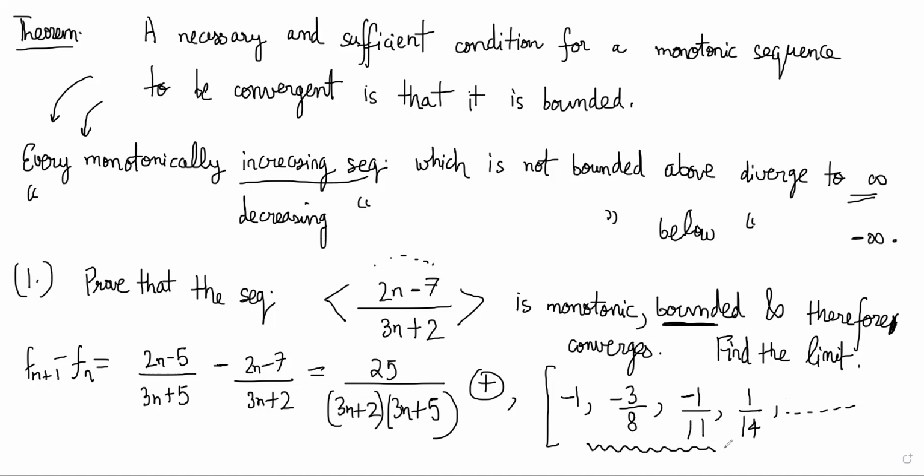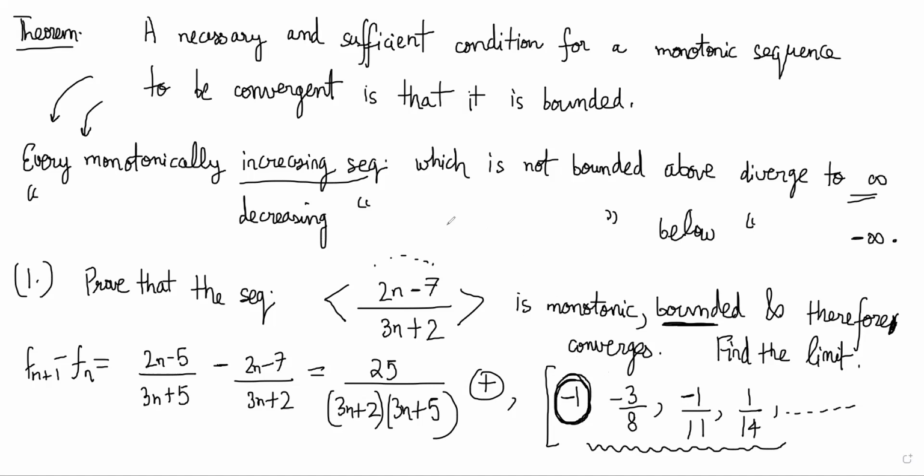These are the first few terms. Yes sir, the first two have come. It is clear from here that -1 could be your lower bound, right? Right. It's monotonically increasing and -1 is my lower bound.